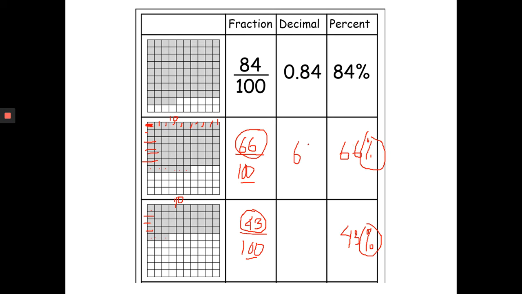How about for decimal? For decimal, we learned this in our previous lesson, how to convert fraction to decimal. 66 over 100 means there should be 2 decimal places after the decimal point because of the 100. Or you simply move 2 places from the right going to the left, like 1, 2.